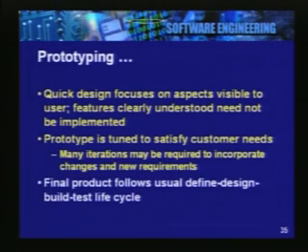Final product then would be built after the prototype is completed and is found to be acceptable. This final product may be built using the standard, say, waterfall type of methodology, where we will go through the define, design, build and test life cycle.